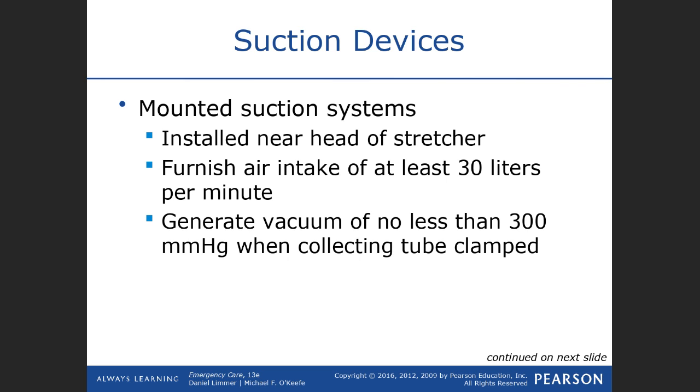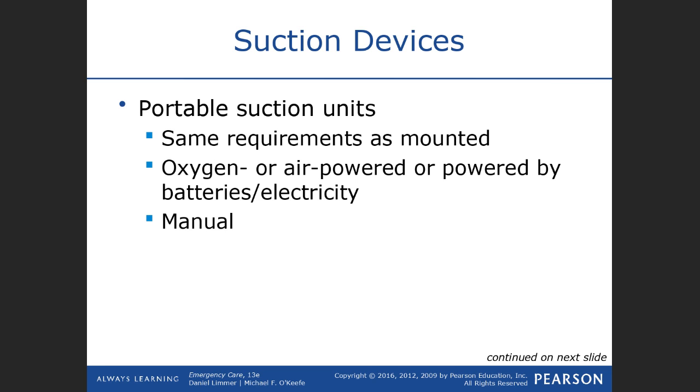So you want a suction pressure of no less than 300 millimeters of mercury. You need to be familiar with the suction device that you're using. The portable suction unit has the same requirements as mounted, and is oxygen or air powered, or powered by batteries, electricity, or manual.